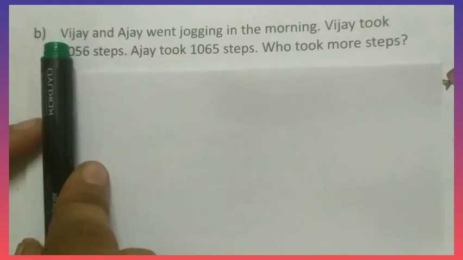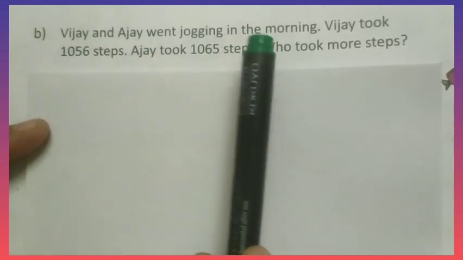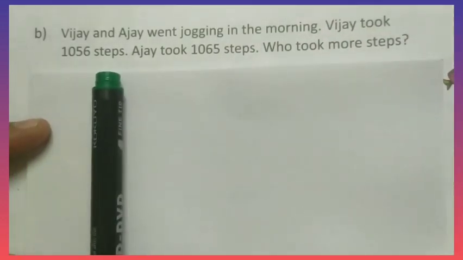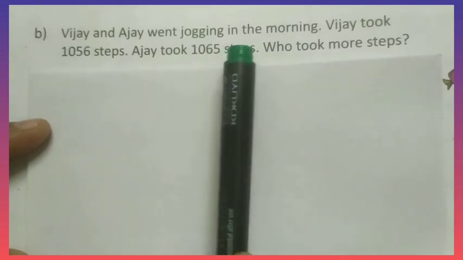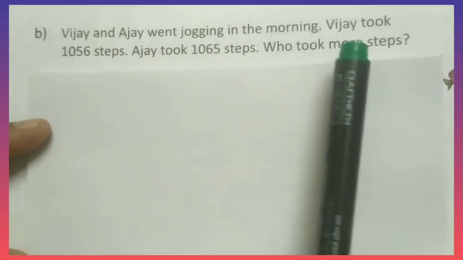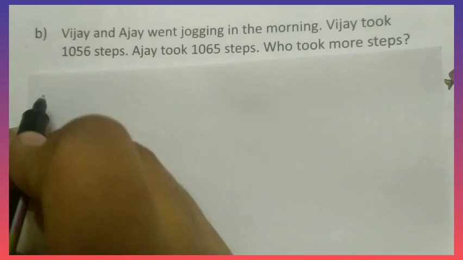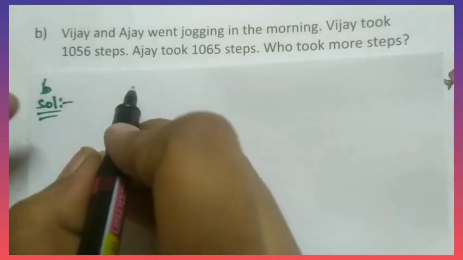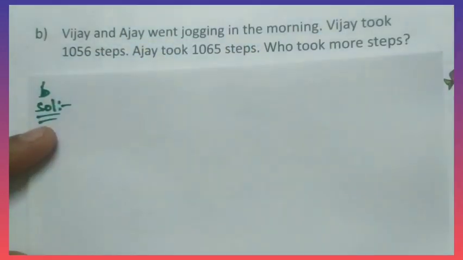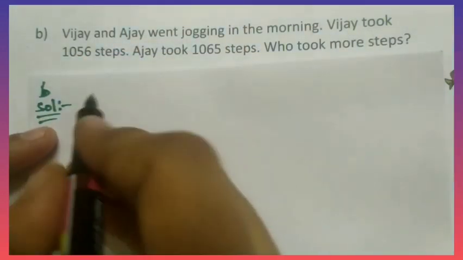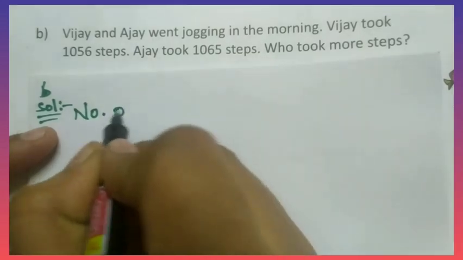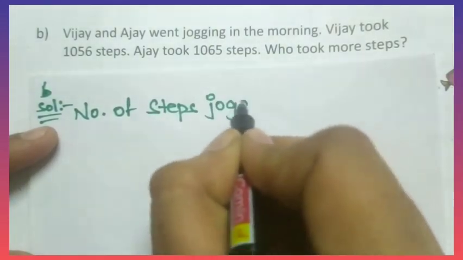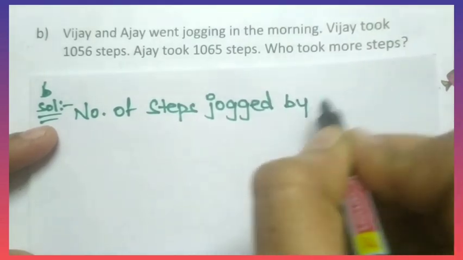Okay, B. Vijay and Ajay went jogging in the morning. Vijay took 1056 steps. Ajay took 1065 steps. Who took more steps? Now Vijay and Ajay both are friends. Number of steps jogged by Vijay.